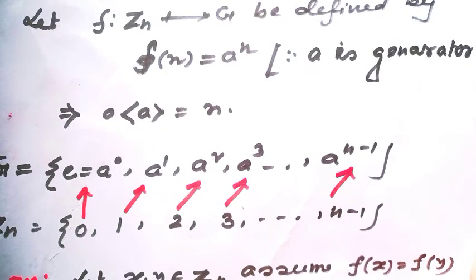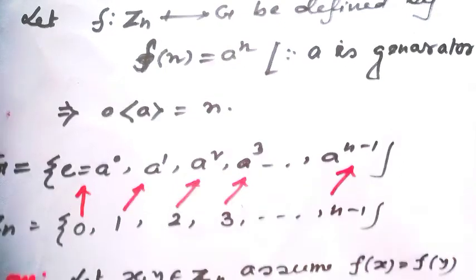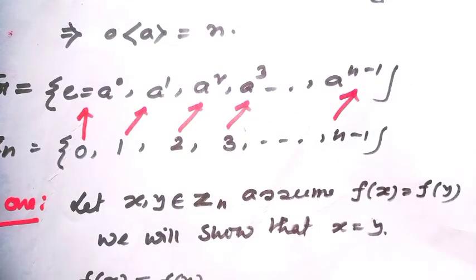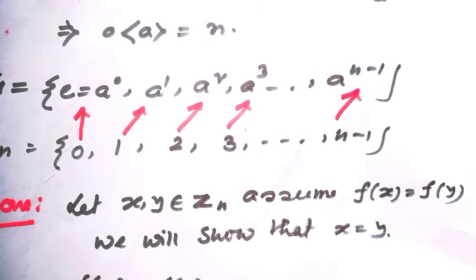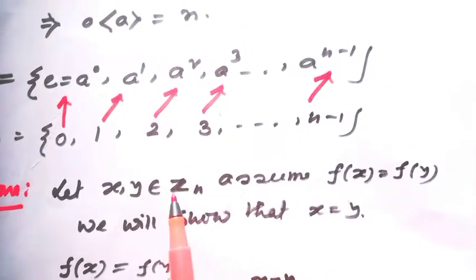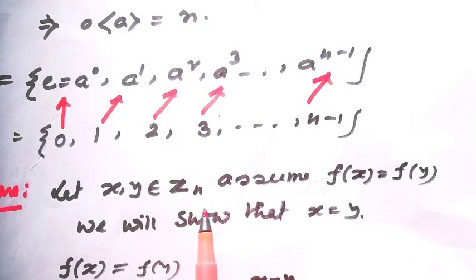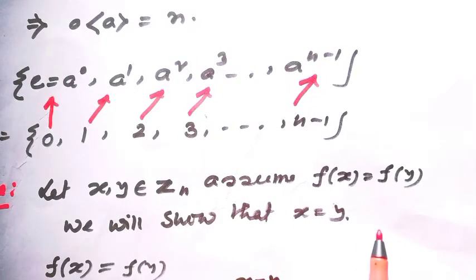Just see the proof of 1-1. Because we have to prove the function is a homomorphism and both 1-1 and onto. Let x and y be two elements in Zn. Assume f of x equals f of y.